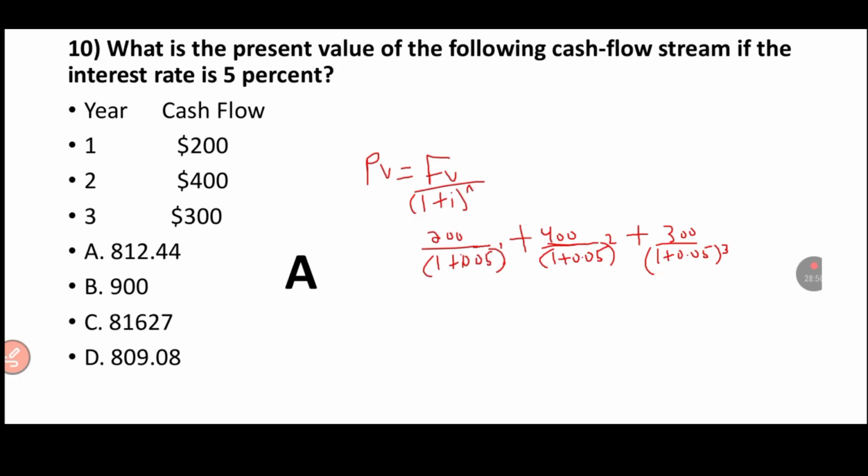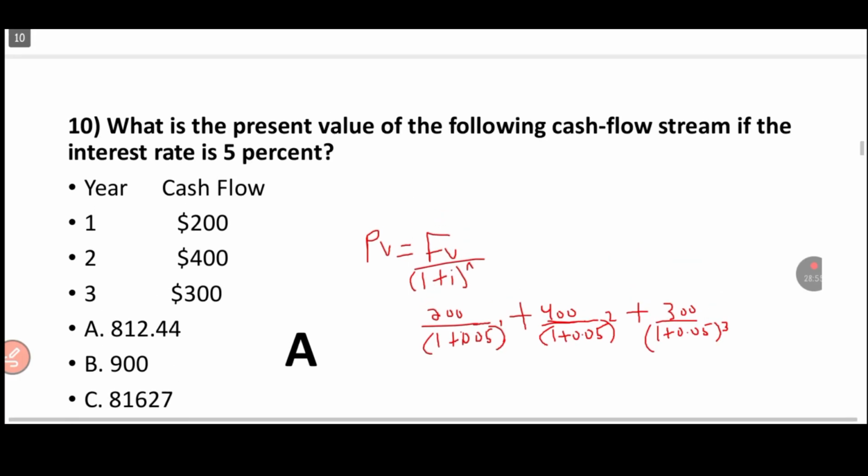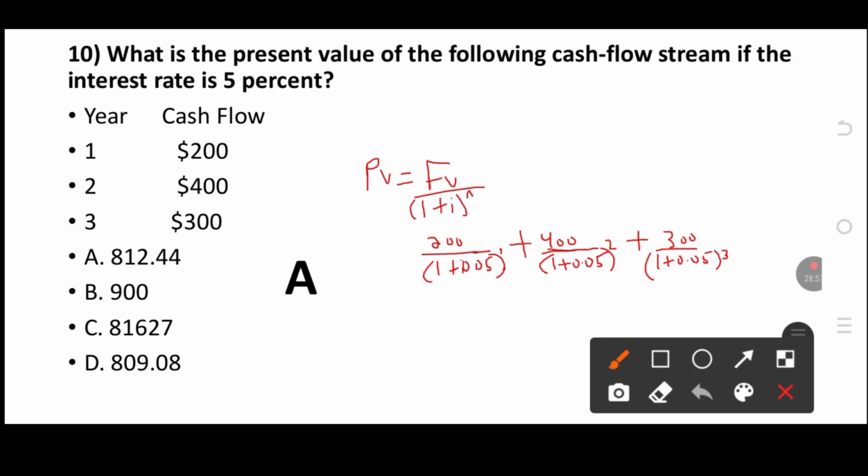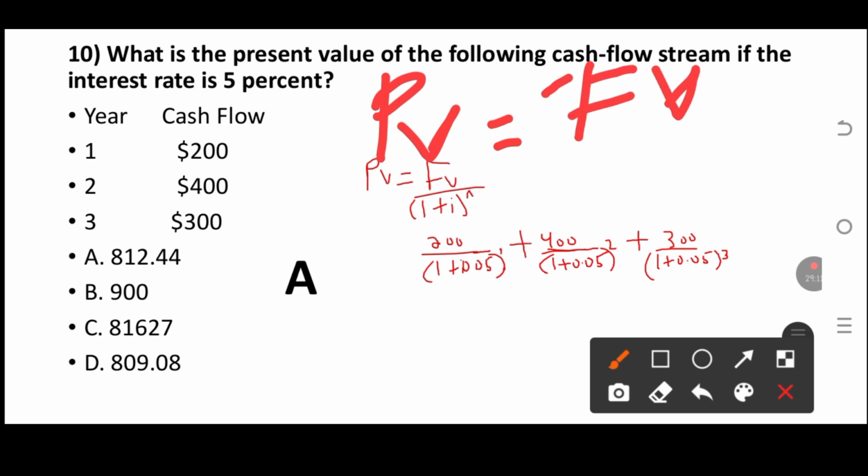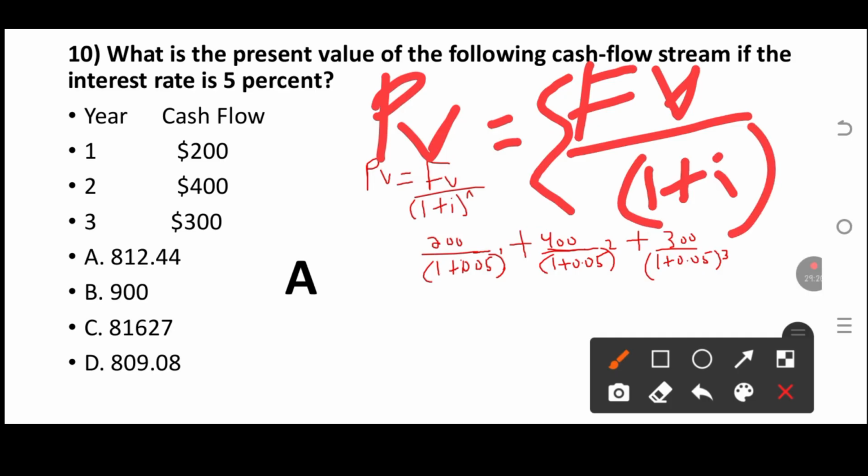The formula starts from present value. Present value, or PV, is equal to the summation of FV at each time interval, divided by 1 plus the interest rate to the power of t, the years.